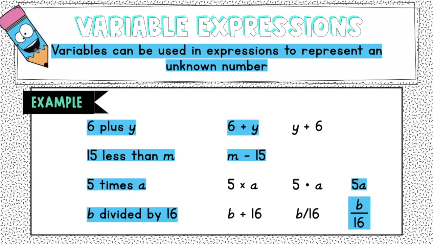All right, let's look at a few more examples. If I want to write 37 more than v, I know that I'm going to use addition because more than implies that I'm going to use addition. So I could write v plus 37 or 37 plus v. Addition can be moved around, so these expressions are the exact same.